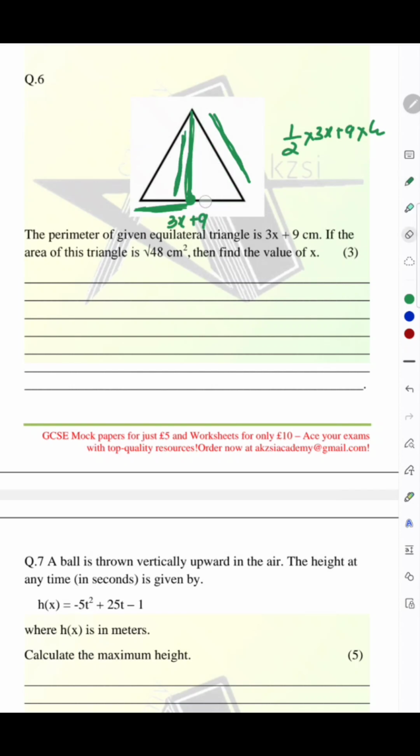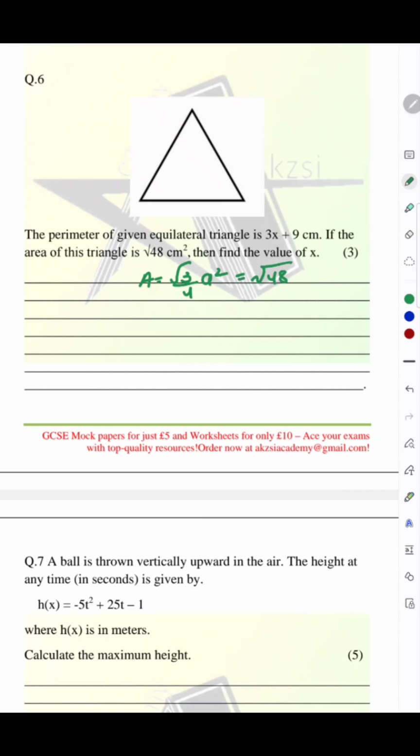Here I am just directly applying the formula. Area is root 3 over 4 a squared. And this value is equal to root 48. So root 3 over 4, a is 3x plus 9 whole squared, and this is root 48.